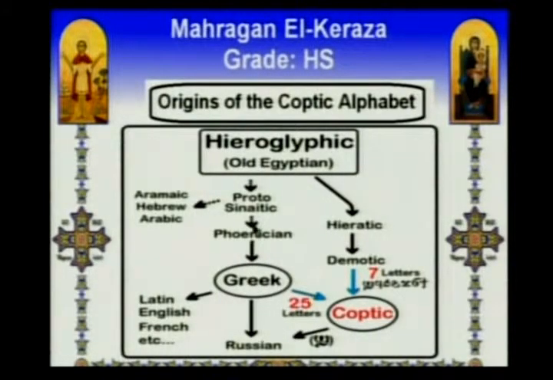from Phoenician, which came Proto-Semitic from hieroglyphic, and the other 7 letters are derived from Demotic, which came from hieratic, which came from hieroglyphic. In other words, all 32 letters, they have their origin in the hieroglyphic alphabet, 25 of them through this path, through the Greeks, and the other 7 letters from the Demotic letters.